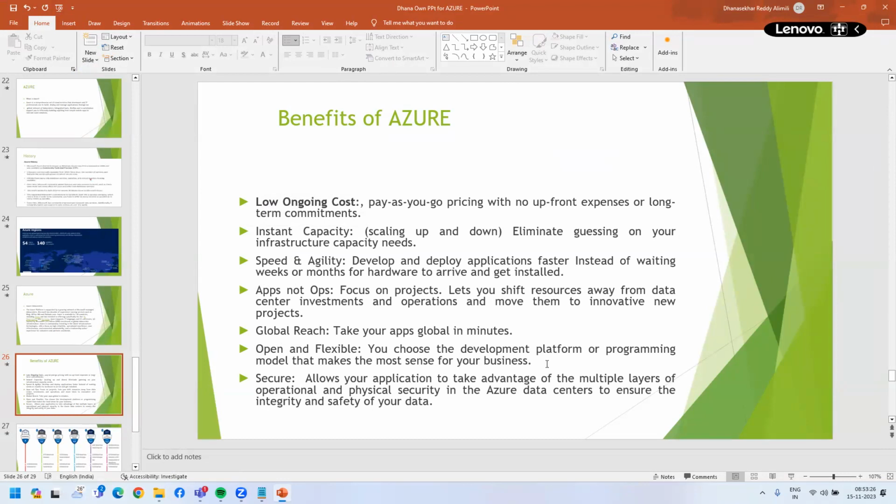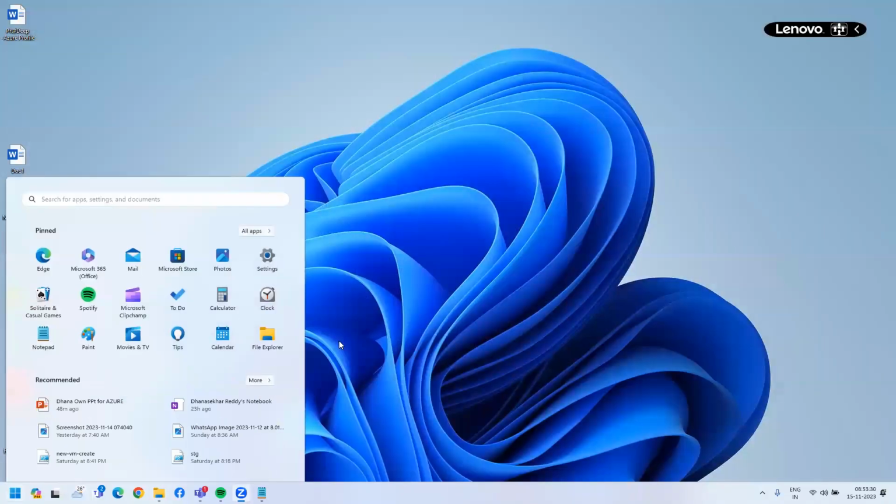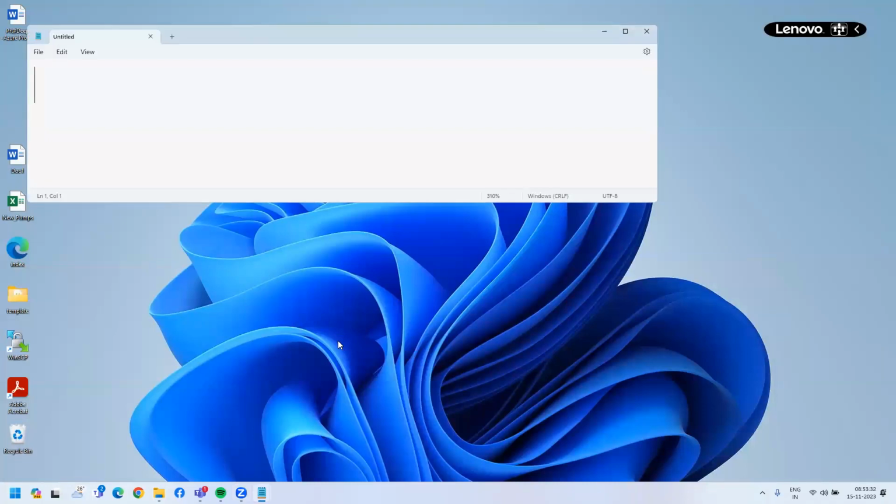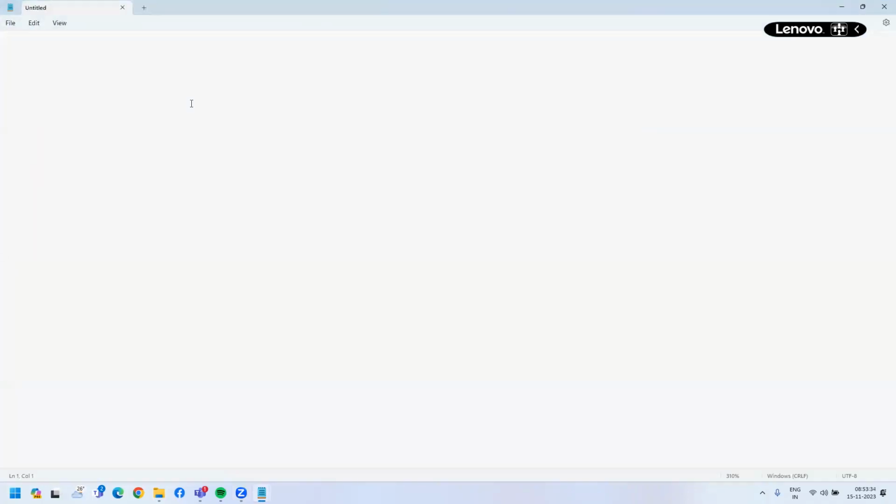Okay, this is the overview of Microsoft Azure. In Azure, we have different types of certification papers. I can say around 20 plus certification papers are there, guys.